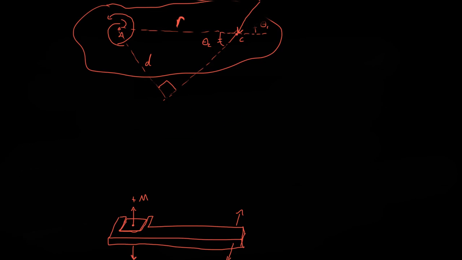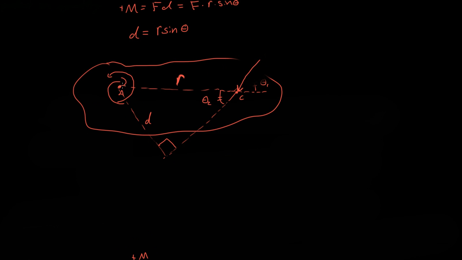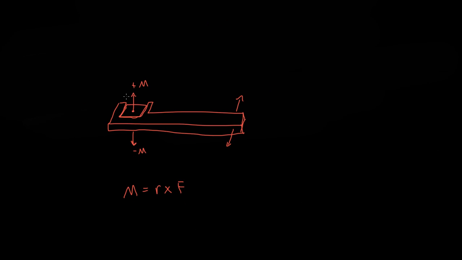And we said this was r, so we treated r like a vector. And you took the cross product of r, f. You would get this vector that shoots straight out, up, or straight down. So that's actually how we get these vectors here. It's just because of the cross product of r and f.